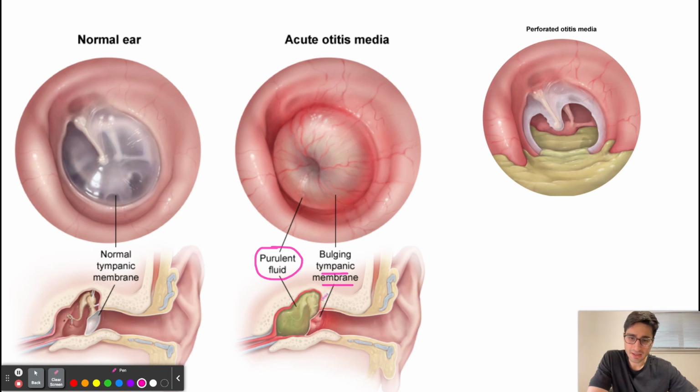Now, in the question stem, it said that we also saw drainage of purulent fluid from the patient's ear. That means this purulent fluid has put so much pressure on the tympanic membrane that it resulted in perforation. So we actually have this purulent fluid draining out of the ear.